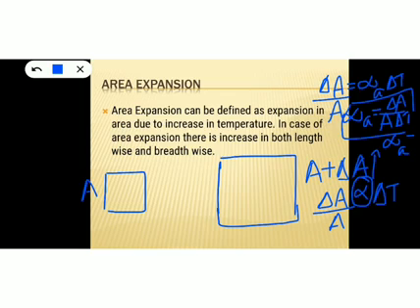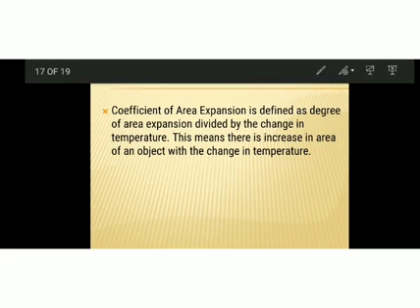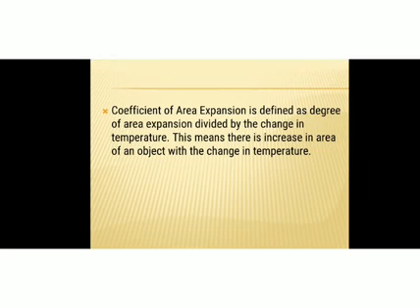So this is about area expansion. As you know, the coefficient of area expansion is defined as the degree of area expansion divided by change in temperature, which we already discussed in the previous slide. So this means there is an increase in area of an object with the change in temperature.